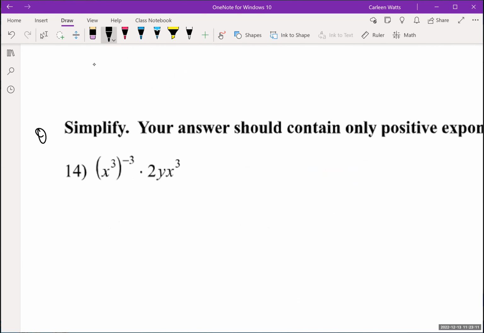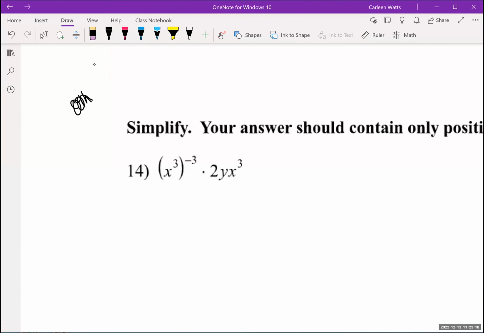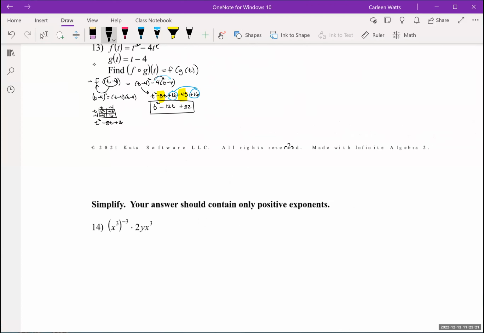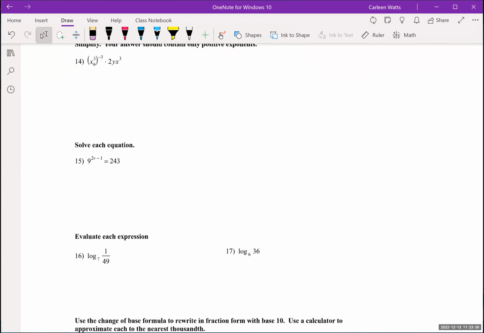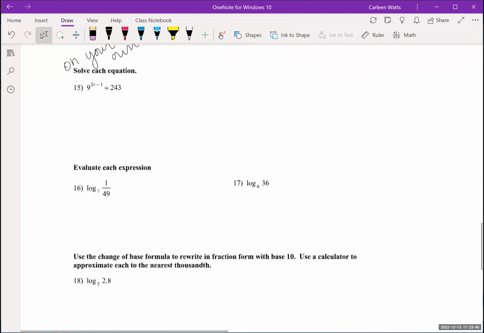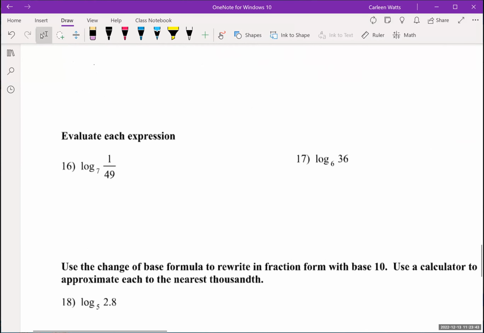Okay, 14 on your own. 15 on your own. Okay, 16 and 17, we're going to cross off because they are just like 9 and 10.